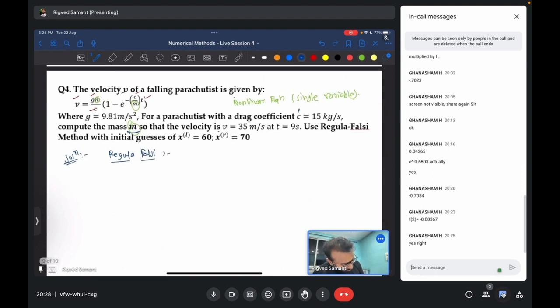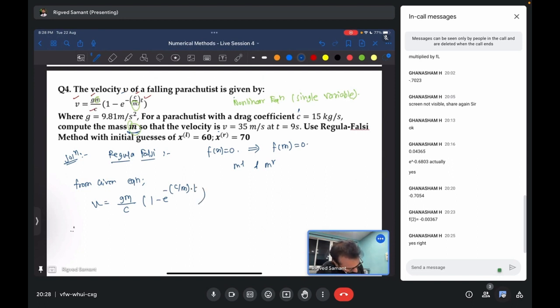So what we are doing, we were using f(x) equal to 0. So first we have to get the form f(m) equal to 0, and this xl and xr are nothing but your ml and mr, or better, we will write in terms of x only. From the given equation, v is equal to gm minus c by... times 1 minus e raised to c by m into t, right?